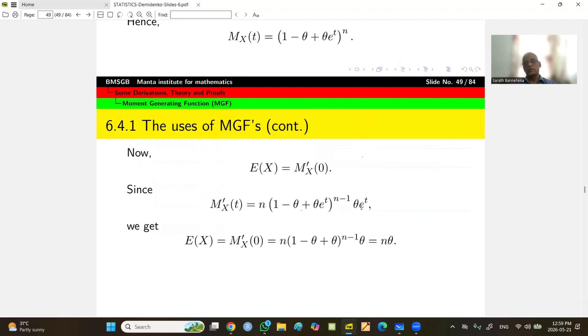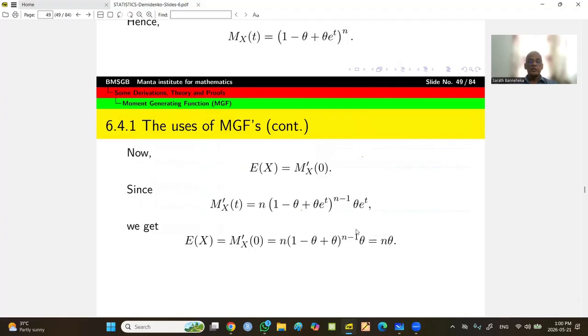So, I don't have to explain this expression. But when you put t equal to 0 in this expression, you get n times theta, because this term becomes 1. So (1 minus theta plus theta) to the power n minus 1, and then theta e to the power 0. So n times theta will be the answer. So the expected value of x is equal to n theta. Very easily you can obtain it from the moment generating function.